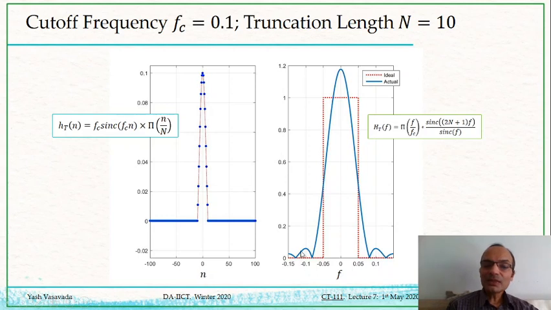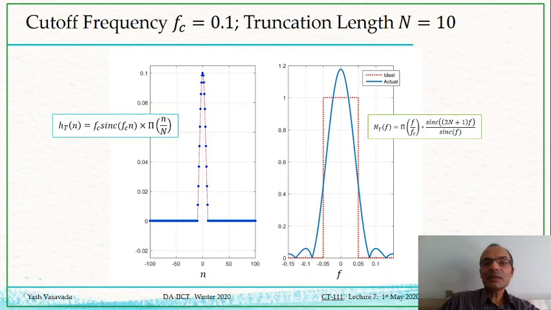And because that sinc function is pretty wide, you see pretty wide blobs. Also this vertical edge got spread out quite a lot. And so instead of a rectangular pulse, you got this blue part, which is what is actually realized, capital H_T(f).